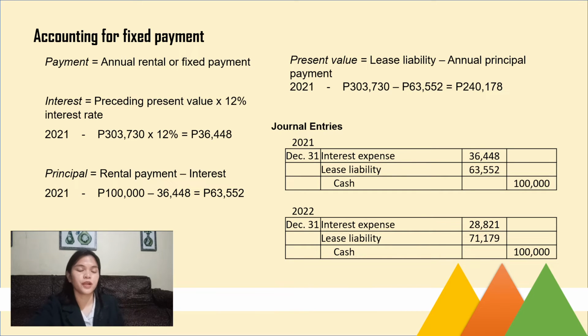Then for journal entries for December 31, 2022, we debit interest expense amounting to 28,821, then debit lease liability of 71,179, then credit cash of 100,000.